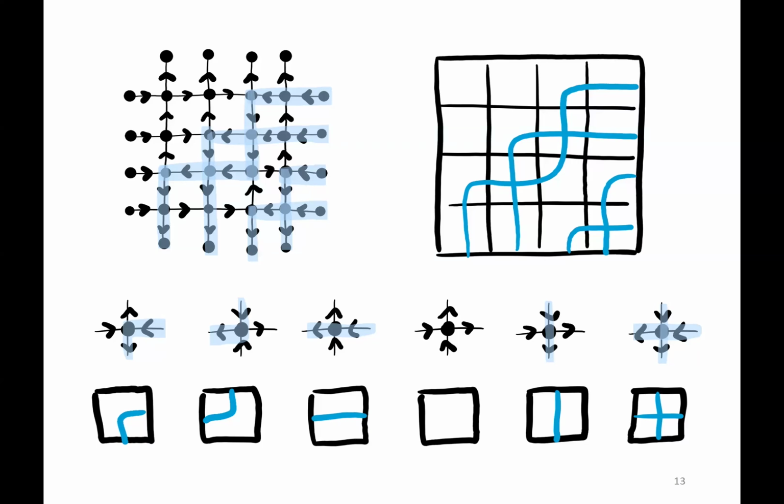And from these, we'll be able to get the data of a permutation, which will let us write down our Schubert polynomials. But in this picture I've drawn, I'm just emphasizing that we can take a configuration of the 6 vertex model with domain wall boundary conditions, and we can just take the arrows that point left and down and draw those and forget about the rest of the picture.